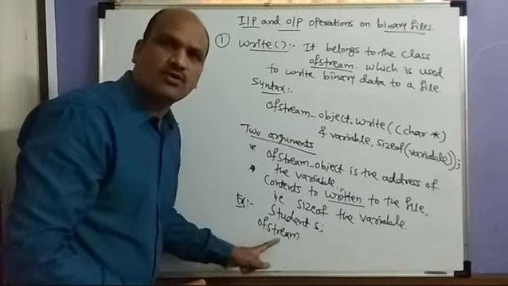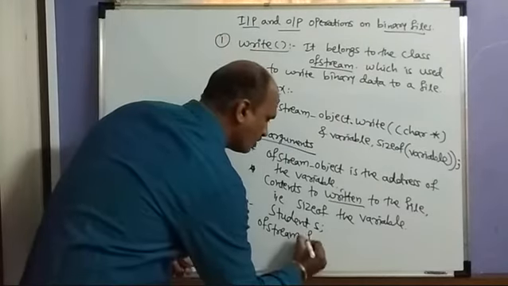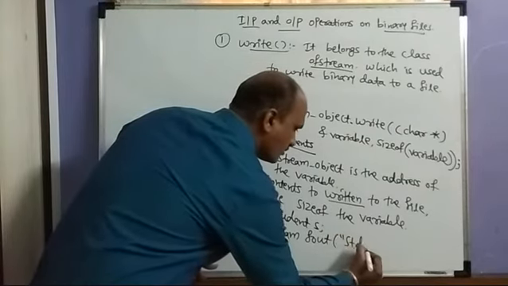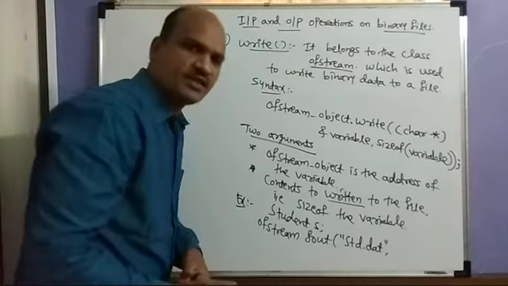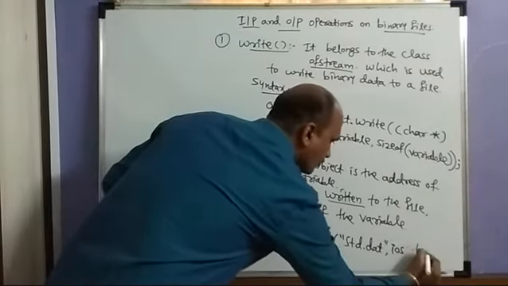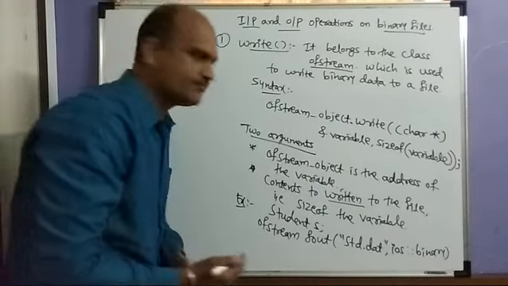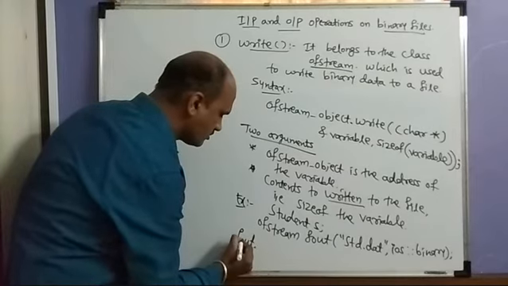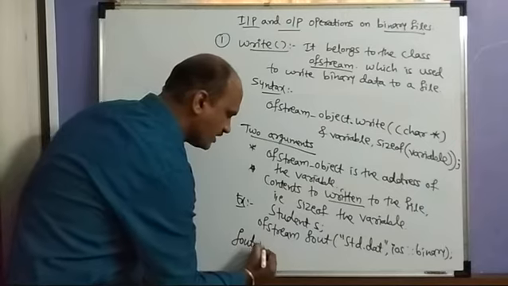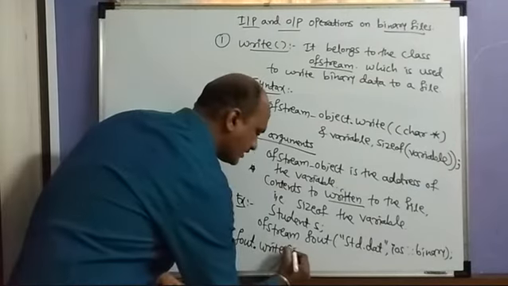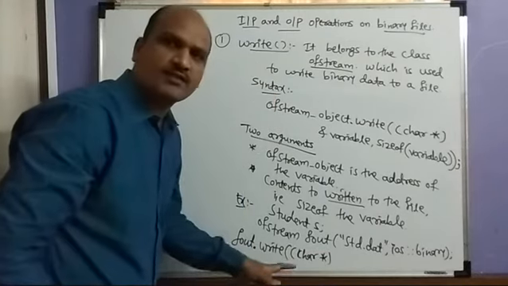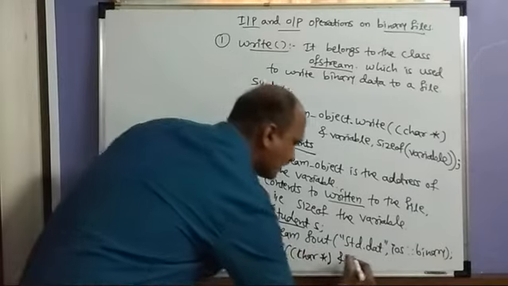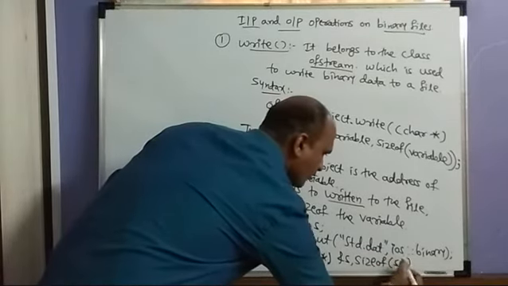With the object we write fout, because it is for ofstream, and we write the file, which is a binary file, that is ios::binary. Then fout dot write is the function, and we have the character, then ampersand, the variable student S and the size of S, close the brace, give the semicolon.